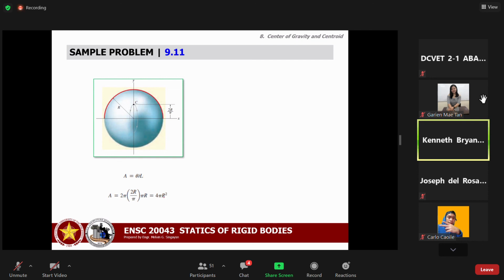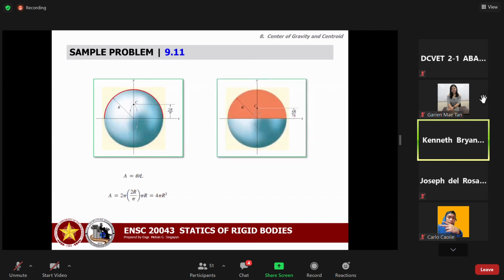Okay? Then for the volume, okay, we have a semicircle, and this semicircle will be revolved by one complete revolution about the x-axis. We know that the centroid of the semicircle is at 4r over 3 pi. Okay?